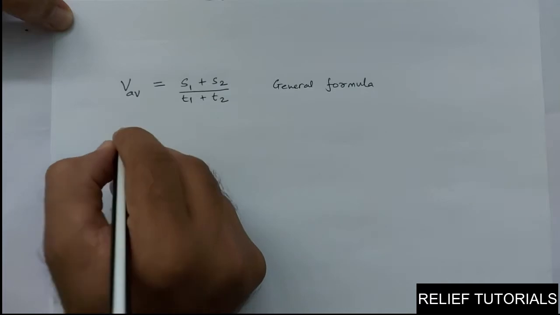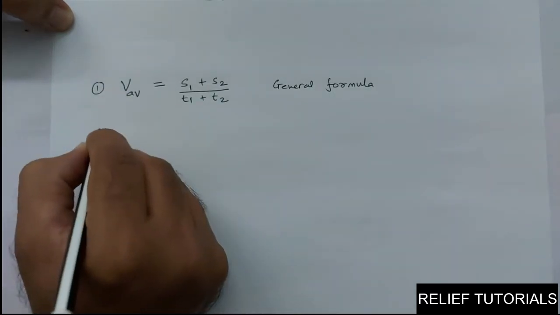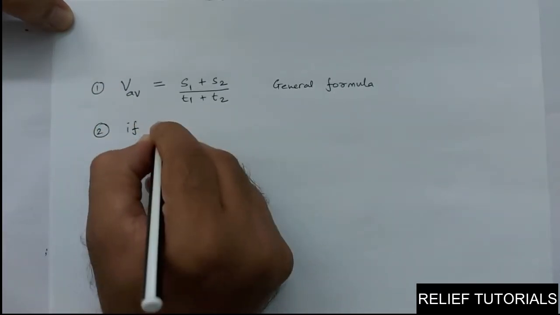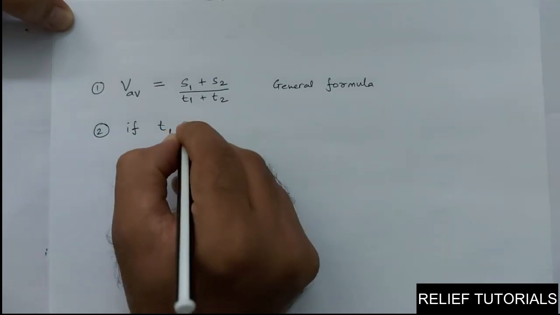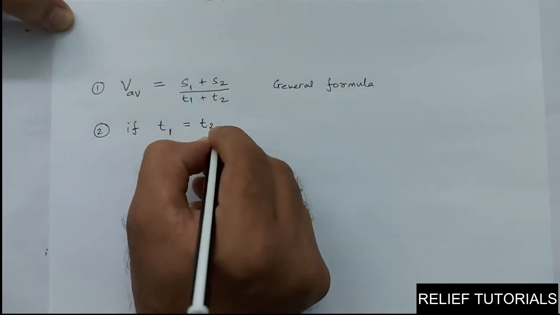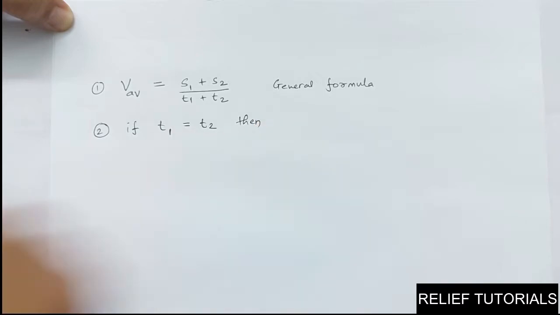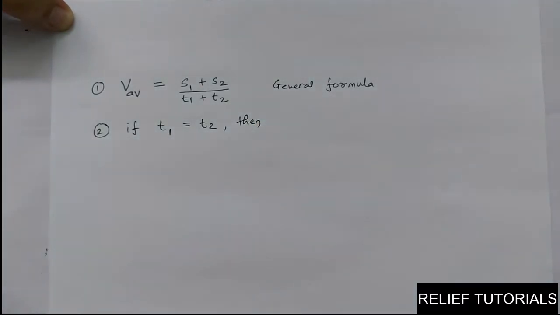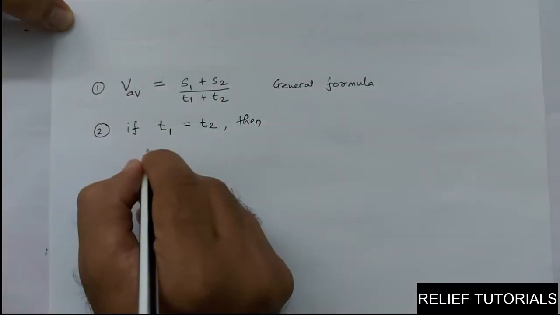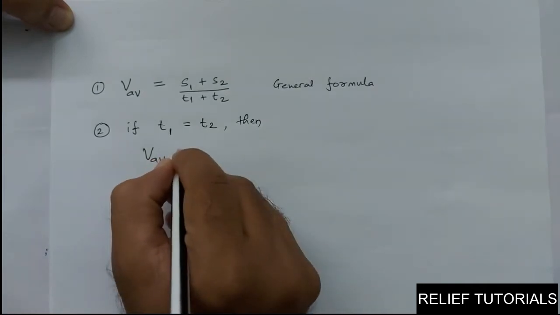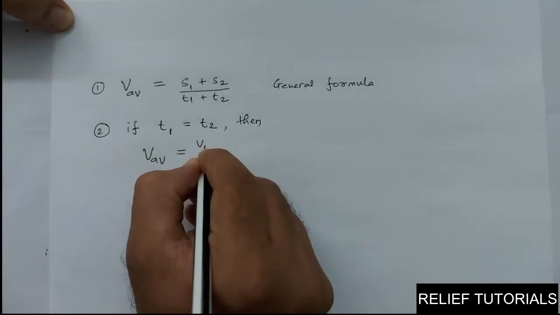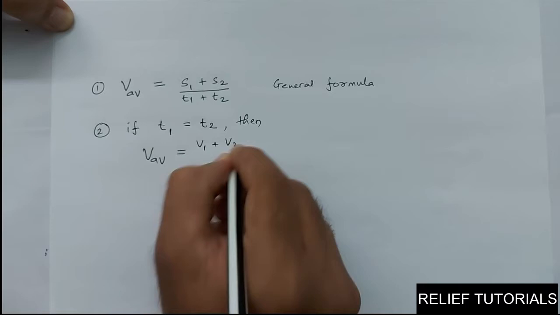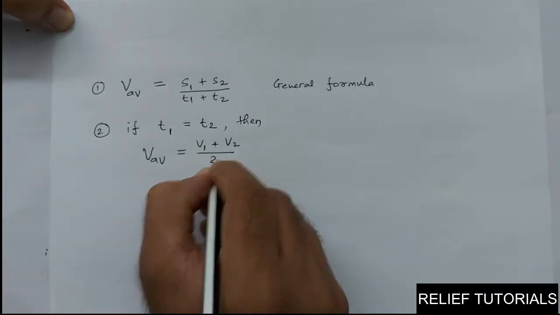Now another formula. If time intervals are same, if T1 is equal to T2, then VAV also can be calculated by the average of speeds, V1 plus V2 upon 2.